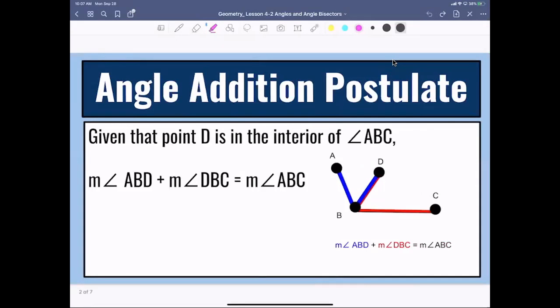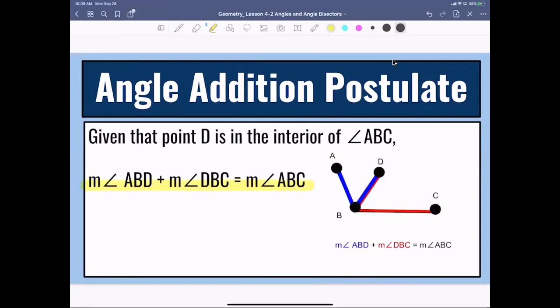All right. So what is the angle addition postulate? It's pretty straightforward. The angle addition postulate states that given that point D is in the interior of angle ABC, so this is angle ABC, and D is in the interior, inside the little mouth, then the measure of angle ABD plus the measure of DBC is the measure of the whole thing, ABC.